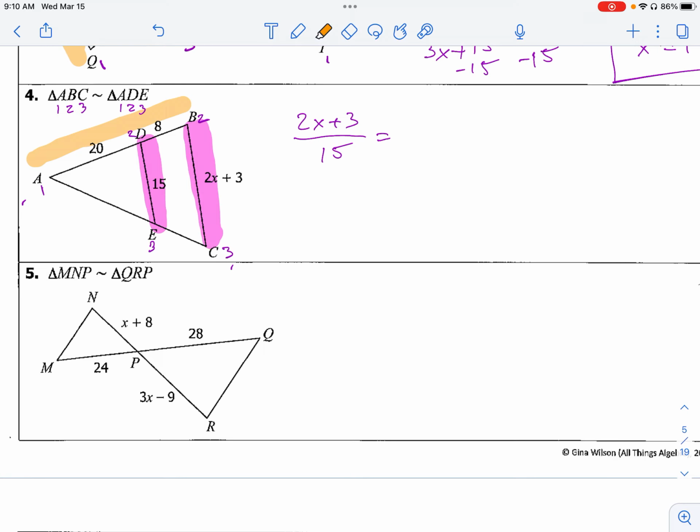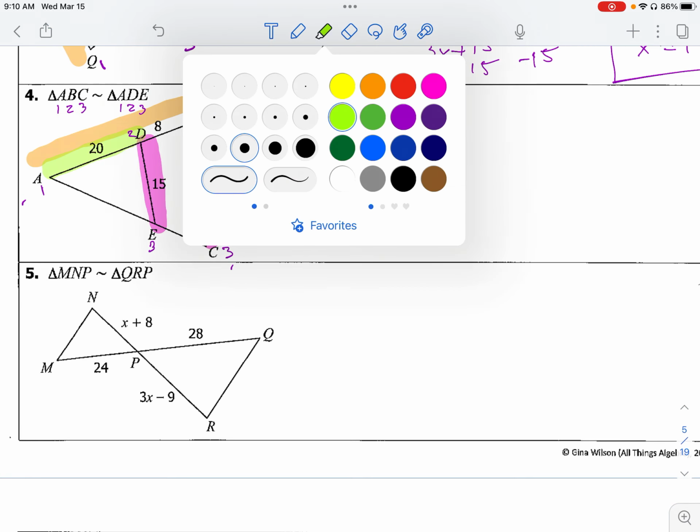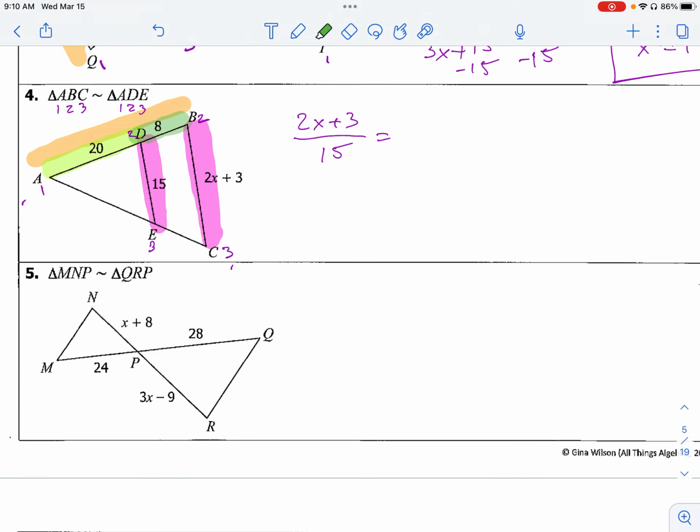But here, AD is 20, and DB is 8. So AB is actually 20 plus 8, or 28. And then for AD, which we're still putting on the bottom, 1 and 2, is just 20.